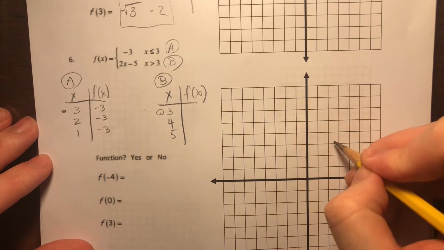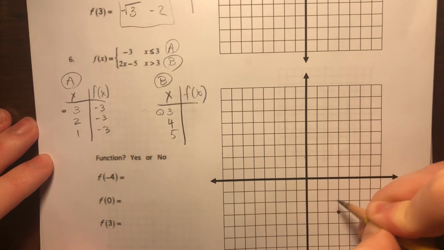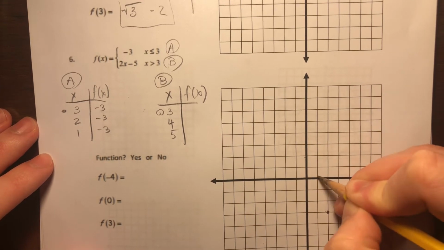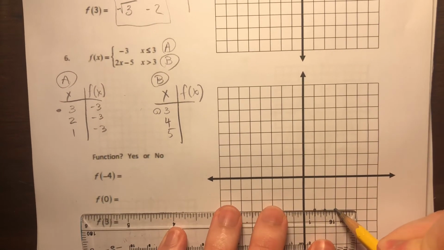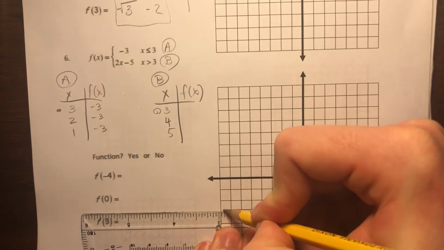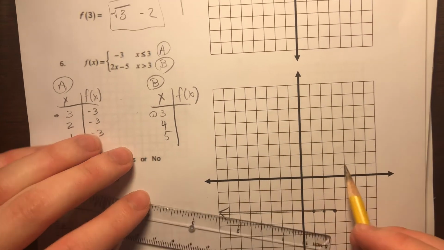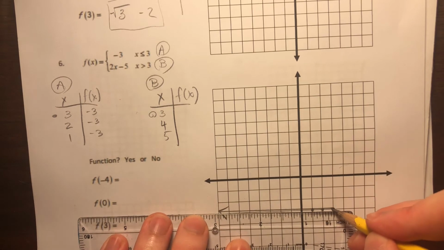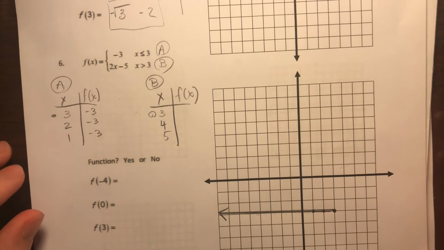So 3, negative 3 will be right here. 2, negative 3. And we can see it's just going to be a horizontal line. All right, not the best line. I could have made that a little bit better. See, it's a little bit above the grid there. All right, that's pretty good.